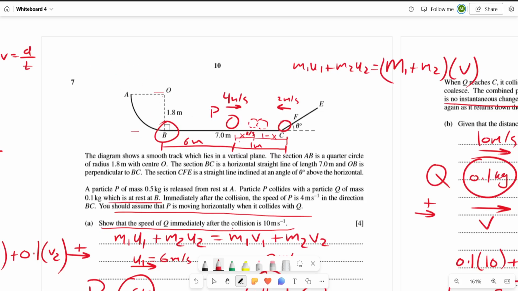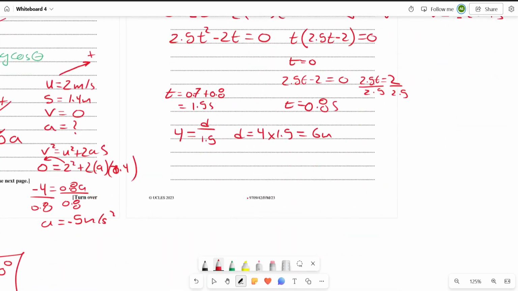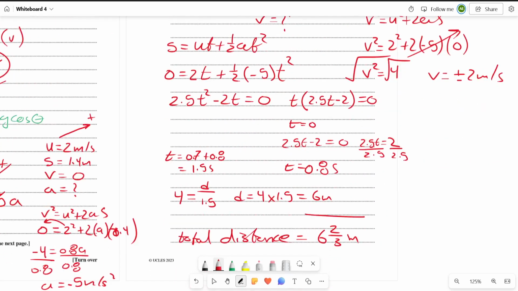So it's 6 plus 2 over 3, which can be written as 6 and 2 over 3 meters. You can change it to a fraction or decimal, putting 3 significant figures, but this is the final answer.